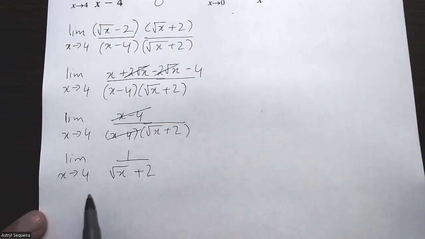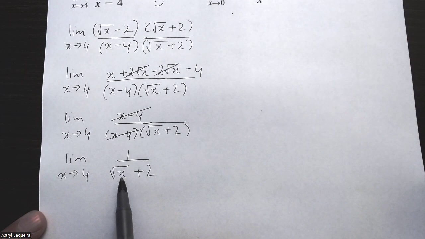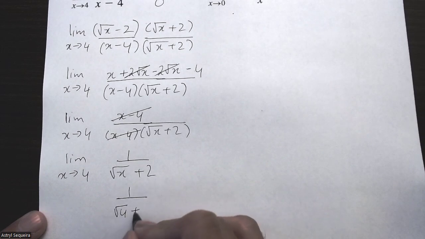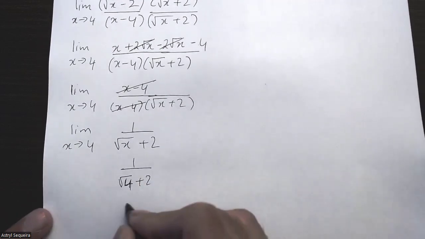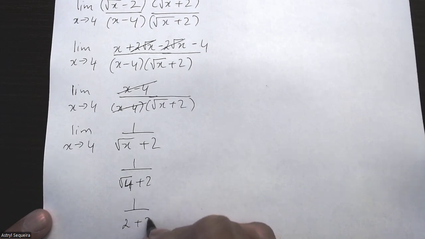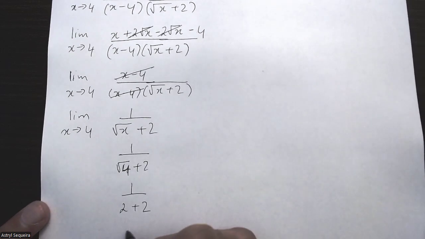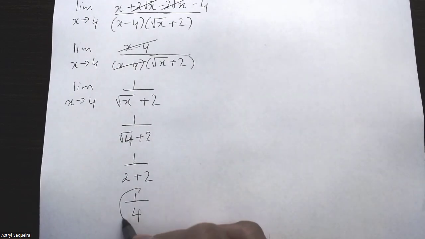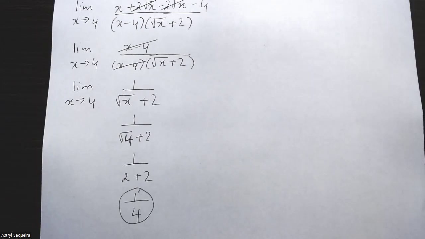And after cancellation, you can sub in your limit. So if I sub in 4 into this equation, I'll get 1 over root 4 plus 2, which is 1 over 2 plus 2, which is just 1 over 4. So my final solution for this first question is 1 over 4.